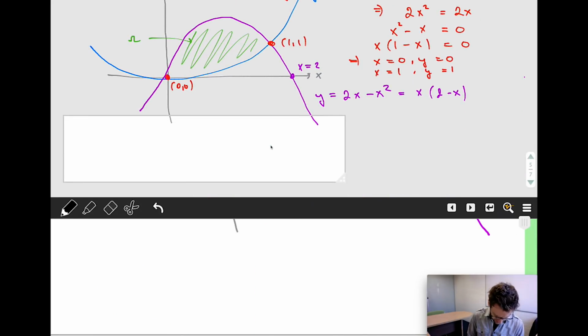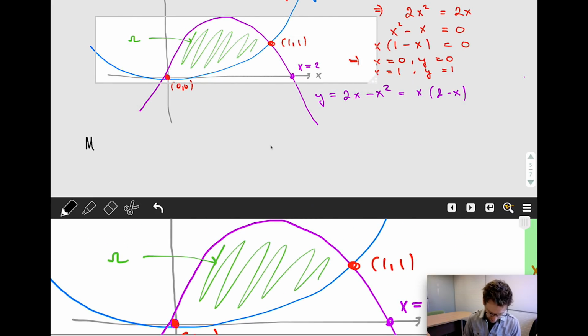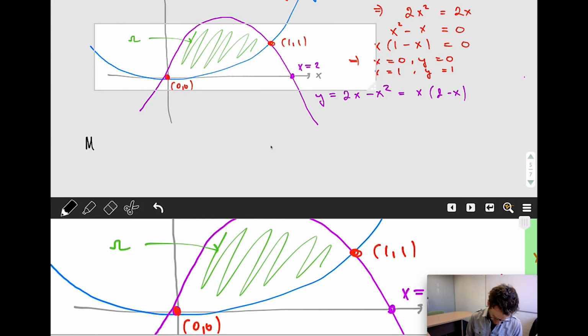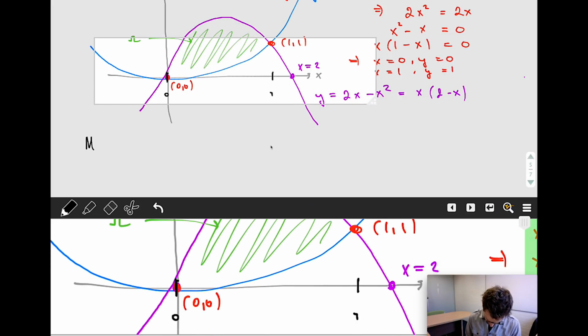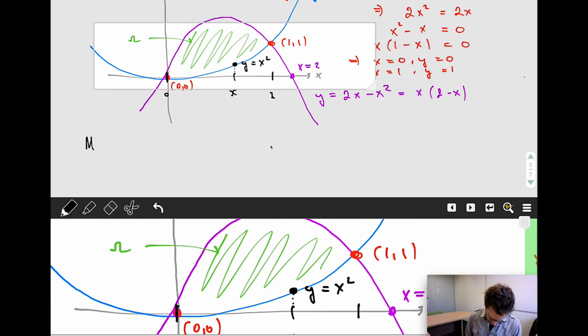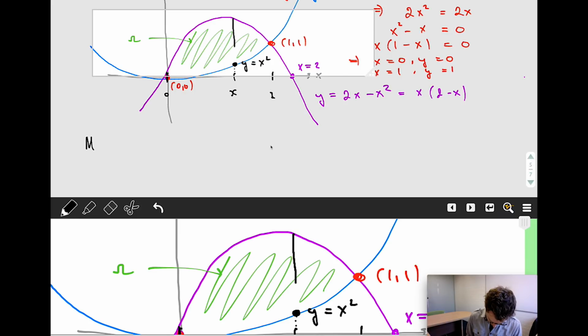We're looking for the mass. To do that, we're going to need my region of integration, so let's take a look at that. So what we're going to do is take x between 0 and 1. For a given value of x, we're going to have to start at y is equal to x squared and integrate until we get to y is equal to 2x minus x squared.